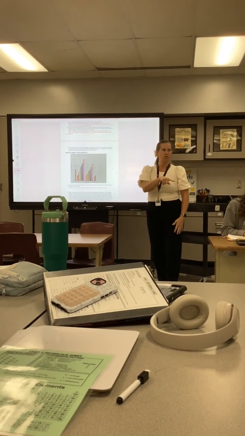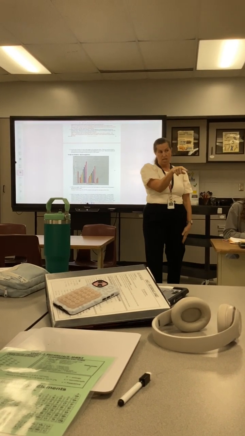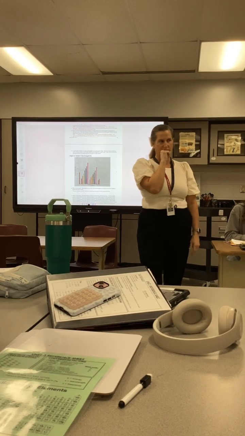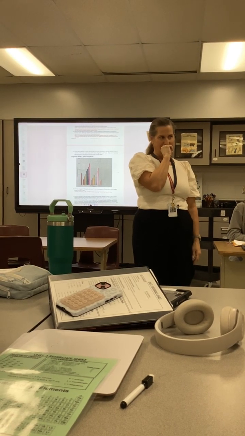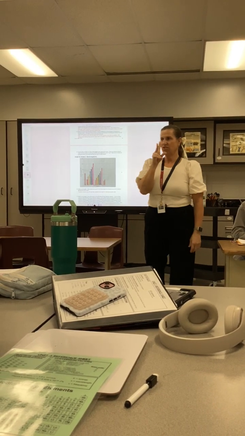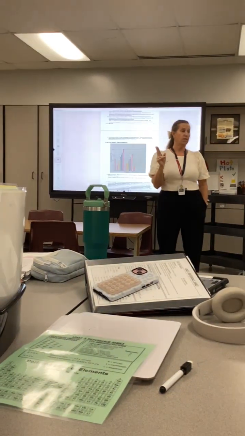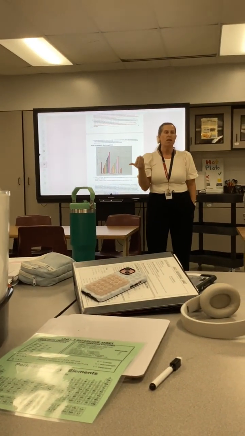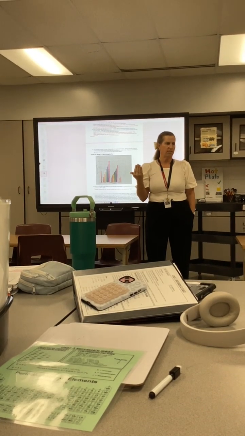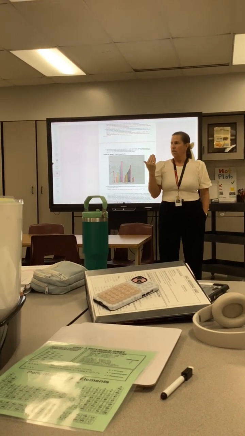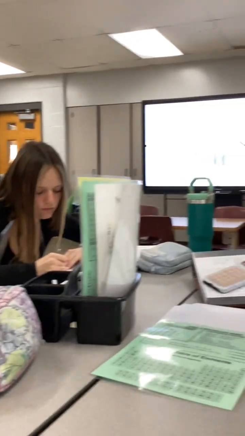Electronegativity difference 0.5 to 2, what kind of bond is that, Helen? So we've already decided that the ionic bond was the highest one with electronegativity difference. Is it polar? Yes, it's a polar covalent bond.